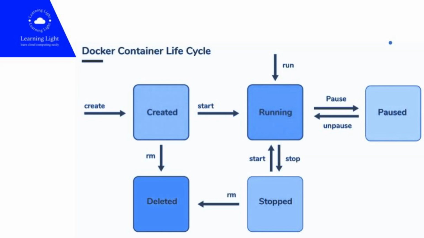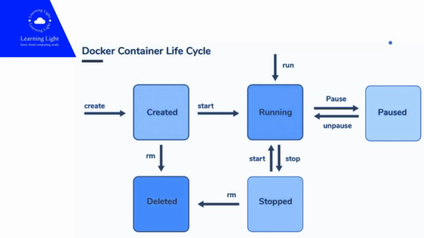When you pause, whatever is in the memory of that particular container at this moment will be saved, and whenever you resume, all these things will be unhibernated and the state will be running once again.